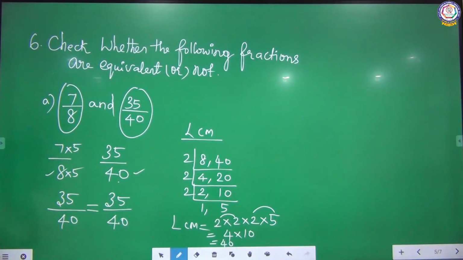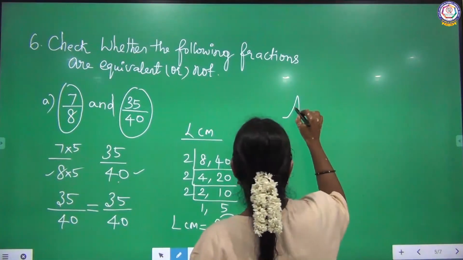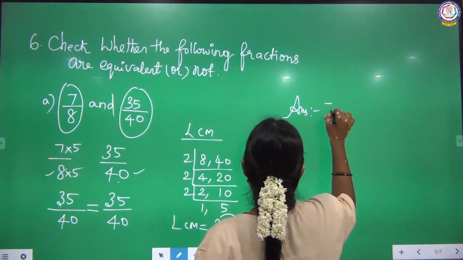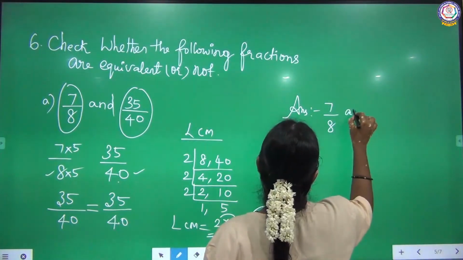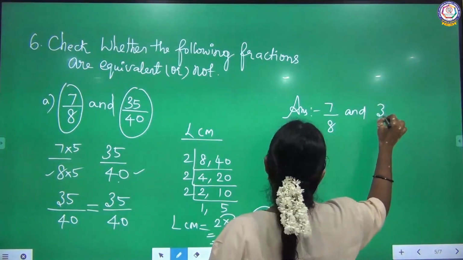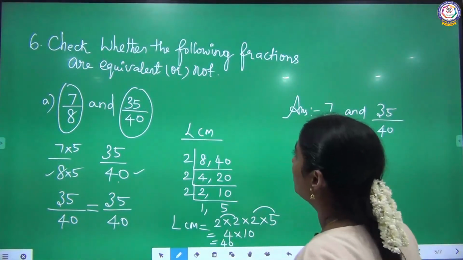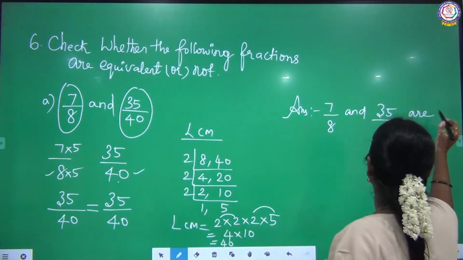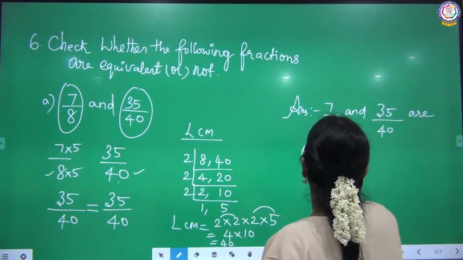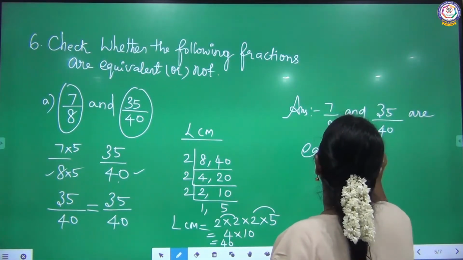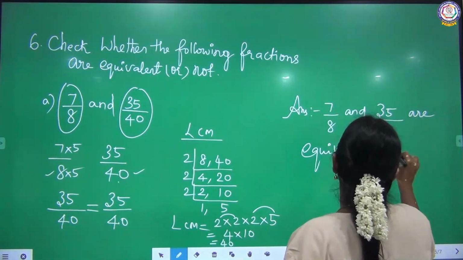Both are equal. So, now I am going to write the answer for this sum. See, 7 by 8 and 35 by 40 are equivalent fractions. Can you understand this?